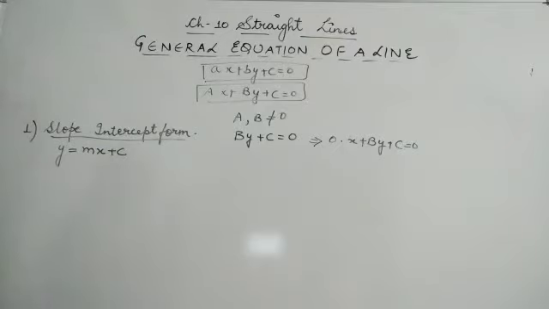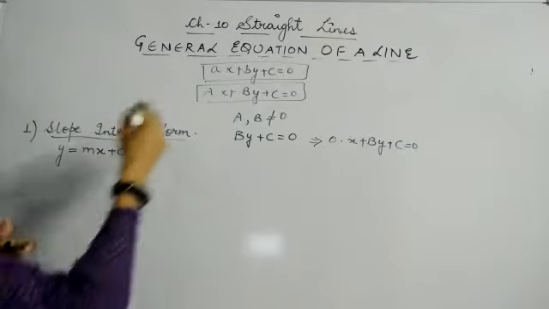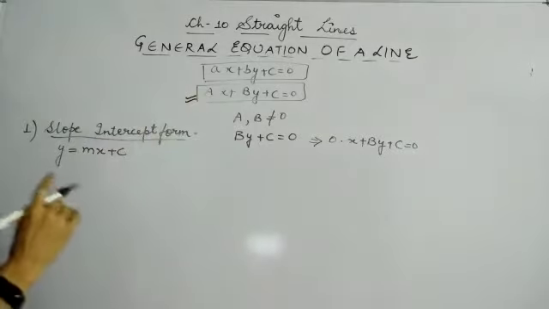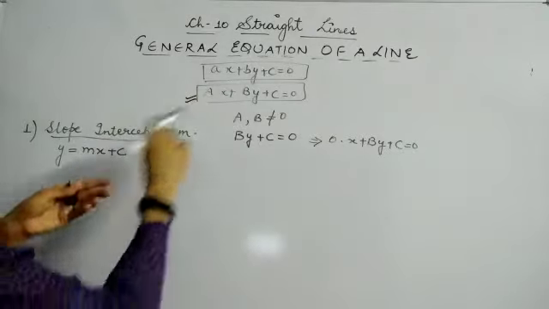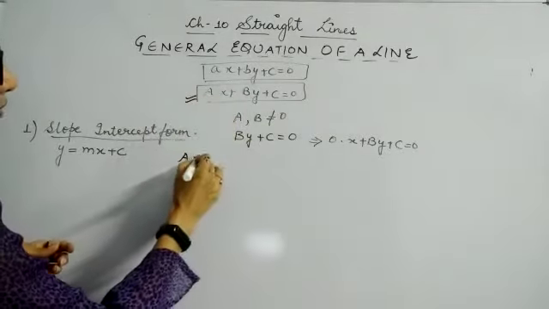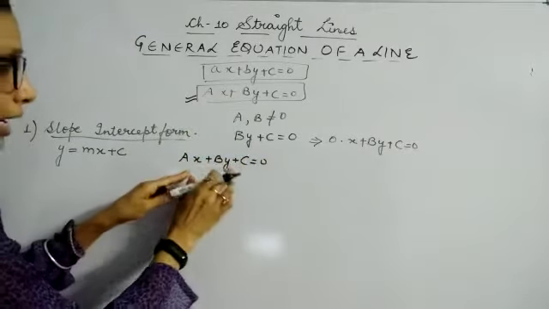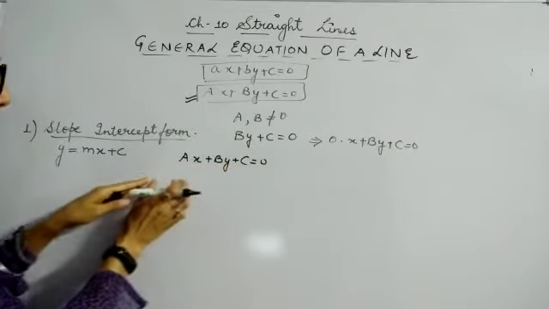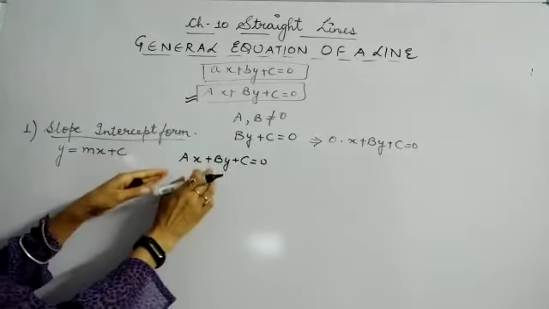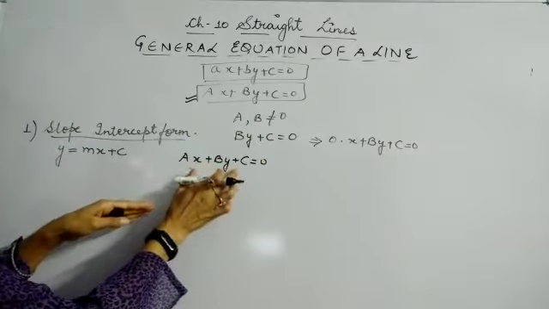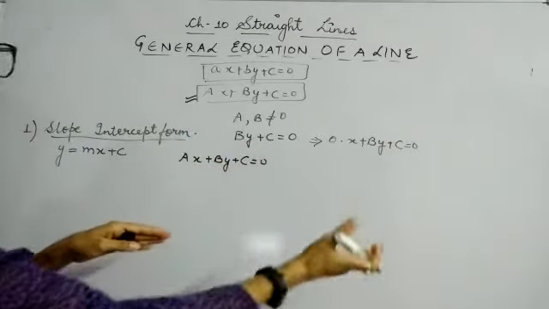And here I know that my general equation of a line is given by this, which is Ax plus By plus C equal to 0. I have to bring this equation in this form. That means I have to convert this general equation into y equal to form.